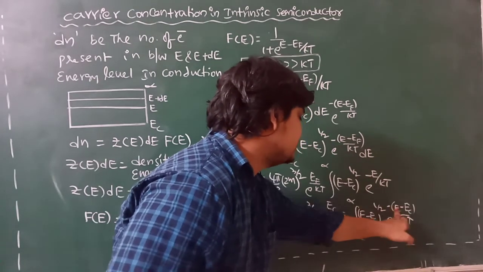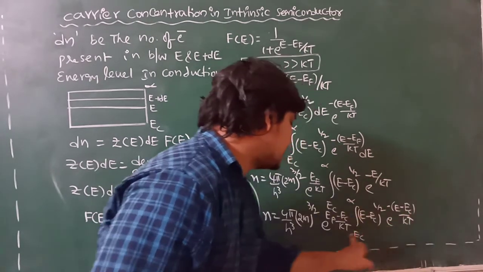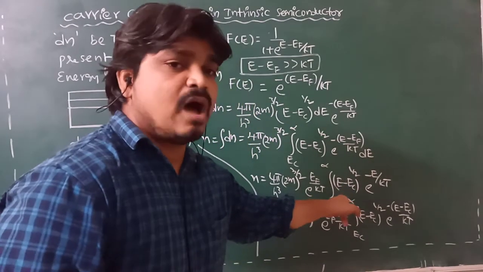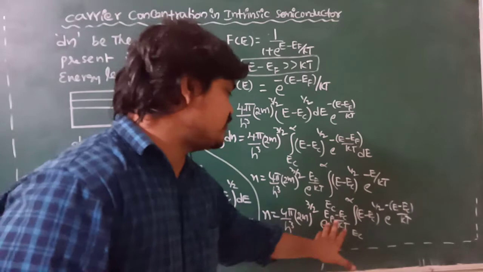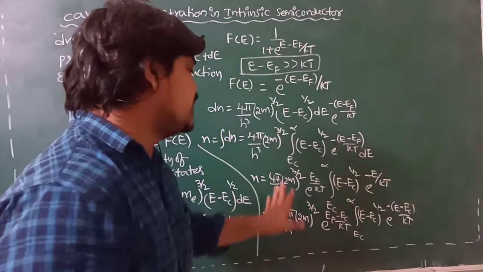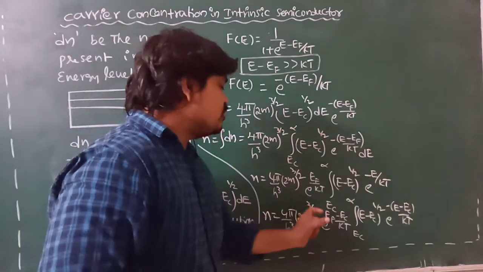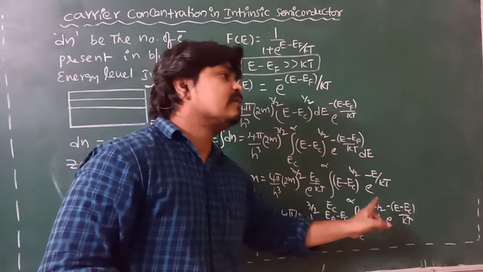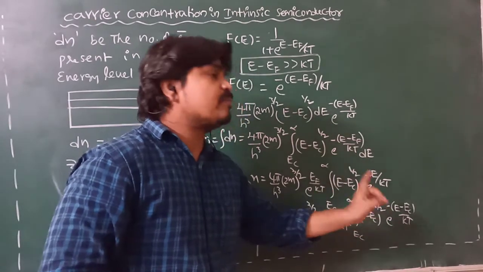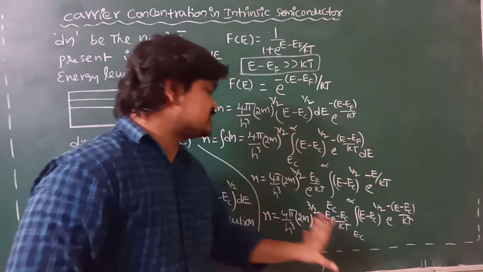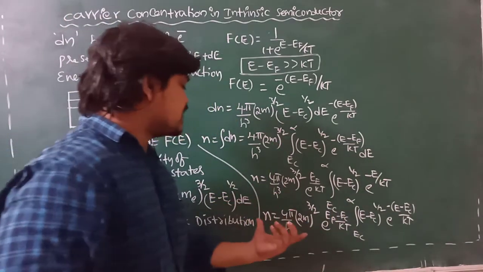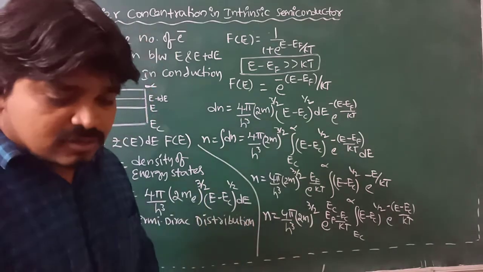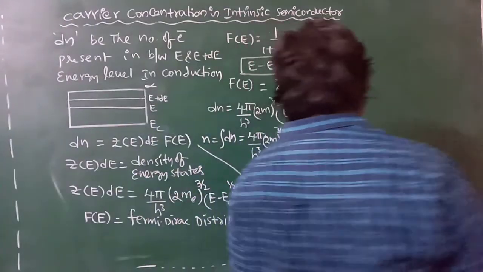Here e power plus Ec by kT and e power minus Ec by kT, then from the above equation we get the same equation. We can't alter any equation. That's why we multiply with e power minus Ec by kT and simultaneously with e power plus Ec by kT. So as a consequence, the above equation doesn't alter.